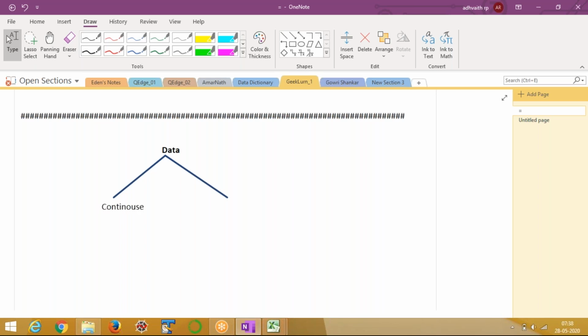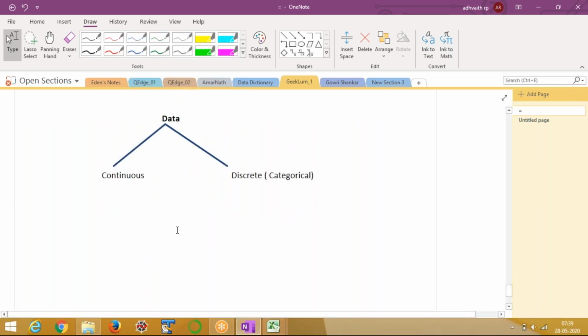So, continuous data. One is continuous data. Another one is discrete data. Discrete data is also called categorical data. All right, data is of 2 types: one is continuous data, another one is discrete data. So what is continuous data?